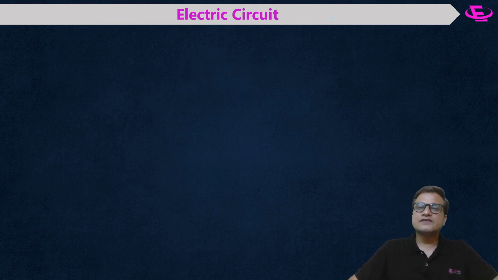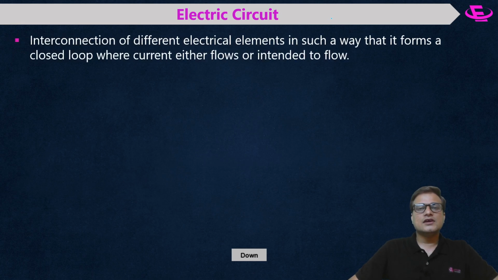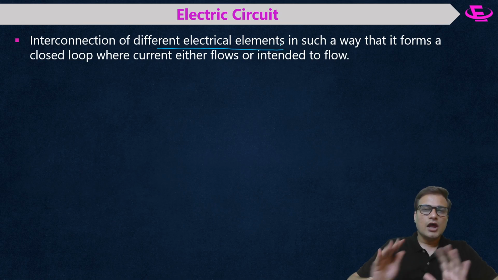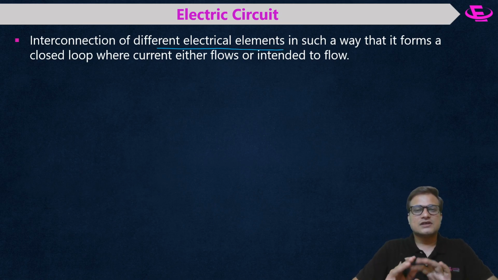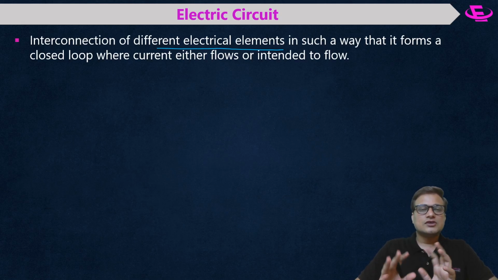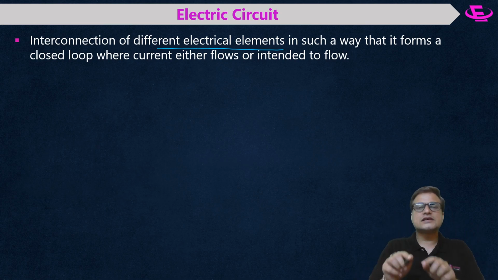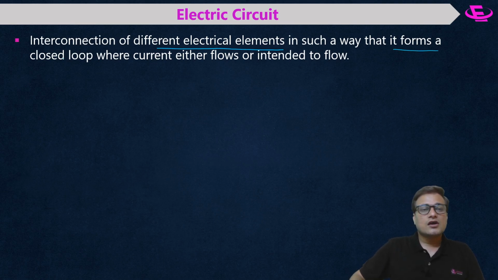Next, let us define electric circuit. So what is an electric circuit? Interconnection of different electrical elements. You have many electrical elements like resistor, inductor, capacitor, battery, all are called electrical elements. So it is saying the interconnection of different electrical elements in such a way that it forms a closed loop.